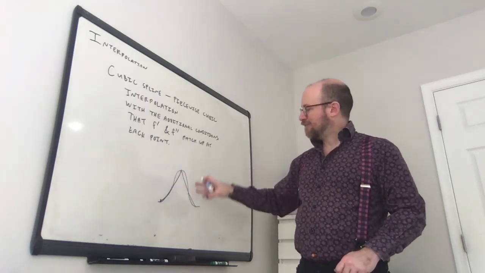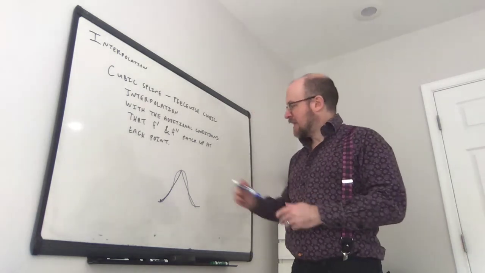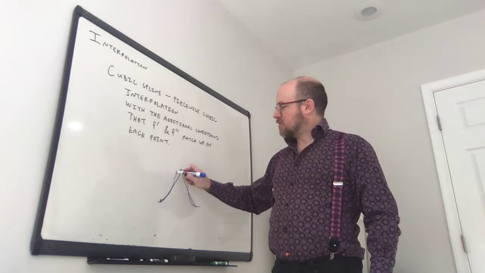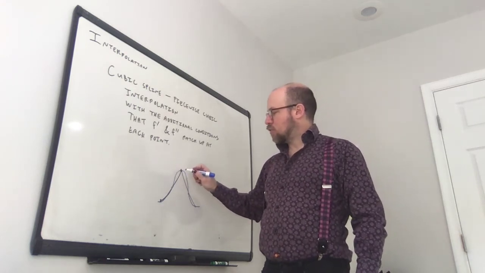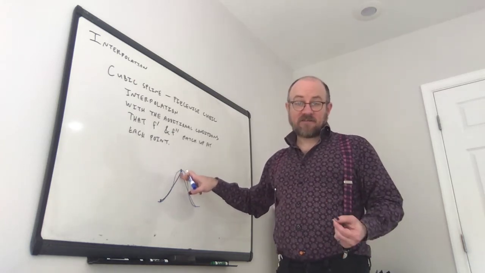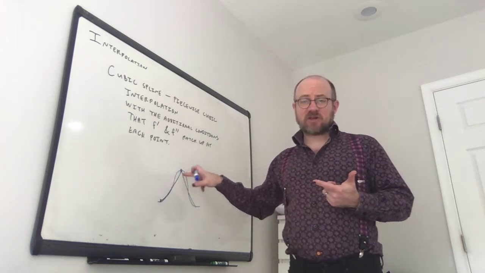So 1, 2, 3, 4, 4 different cubic polynomials, one between each pair of points. And they're set up so that at this point where this cubic polynomial and this cubic polynomial join, not only do they match up in their y value, in their f of x value, but they match up at f prime and at f double prime, at the first and the second derivative.